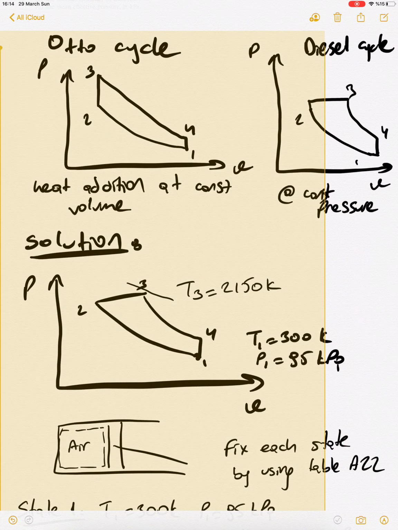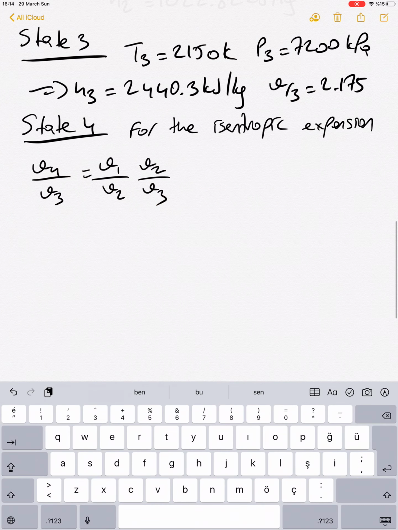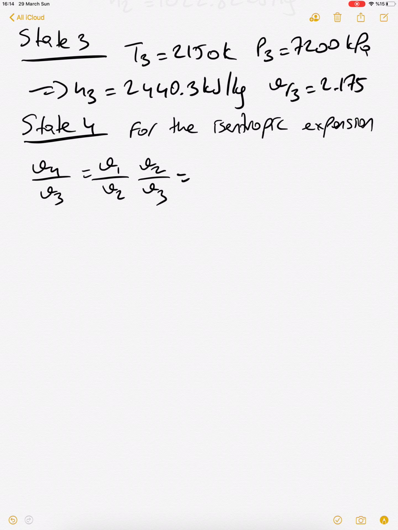This ratio is known, and we can write V1 over V2 multiplied by T2 over T3, or VR1 over VR2 times T2 over T3.